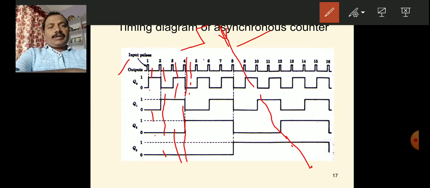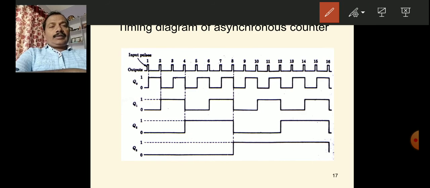Because this main clock is applied to the first flip-flop FF0, and FF0 is configured in toggle mode, it complements its previous output for every clock event. FF0 complements its previous output.